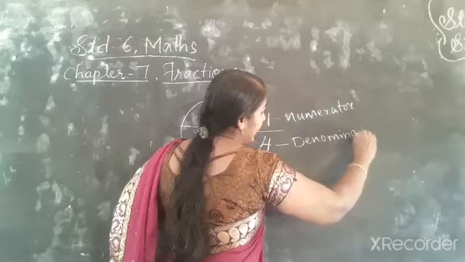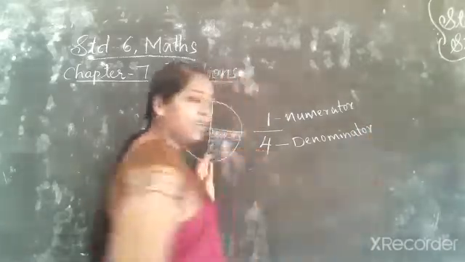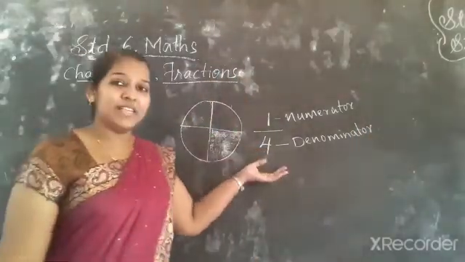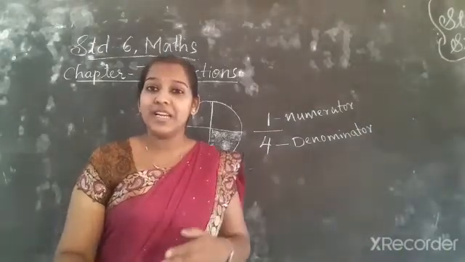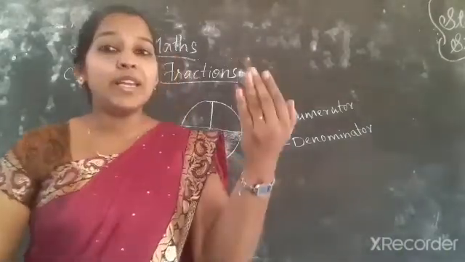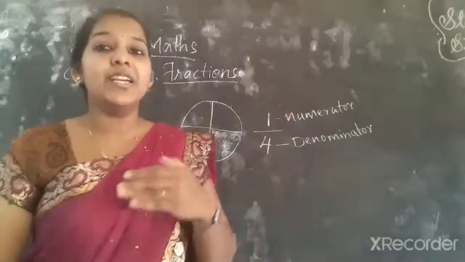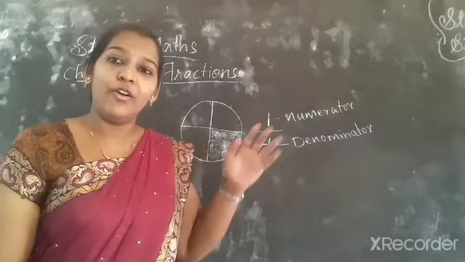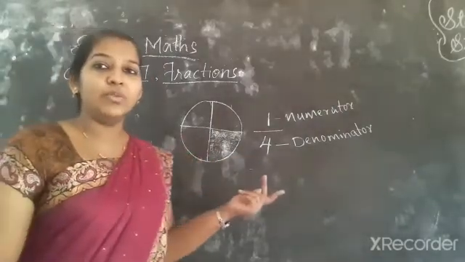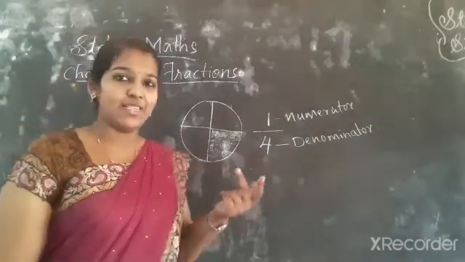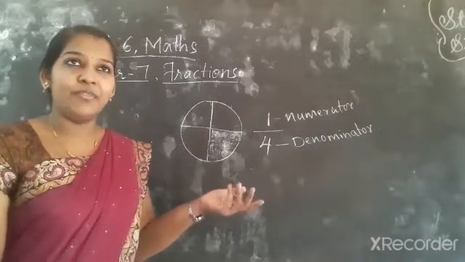So in other words, a number which can be written in the form of numerator by denominator is called a fraction. Clear, children? Alright.